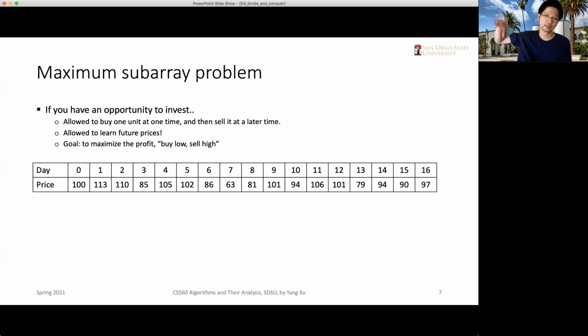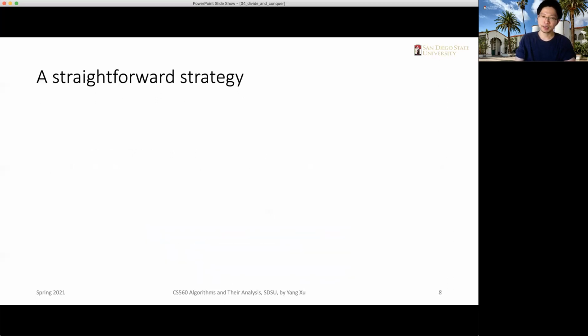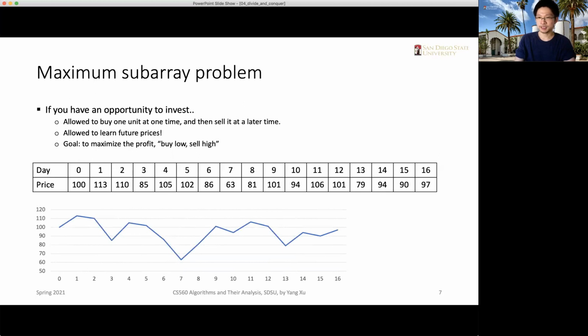It fluctuates, and we want to choose a day to buy in and a day at a later time to sell. We can never go back to yesterday and sell at yesterday's price, so assume that's not doable. We have to buy in on one day and sell on a later day in order to get the maximum difference. This is quite a practical problem.